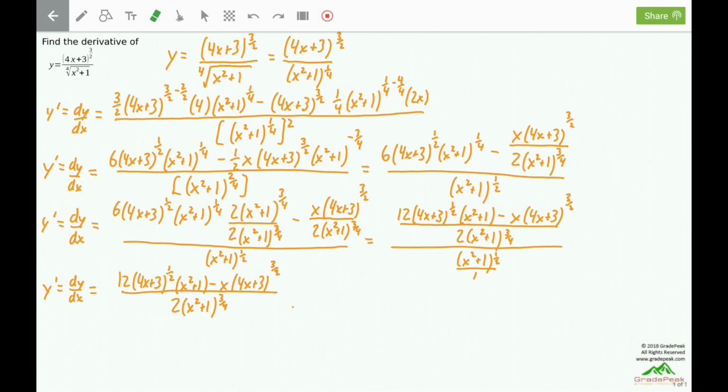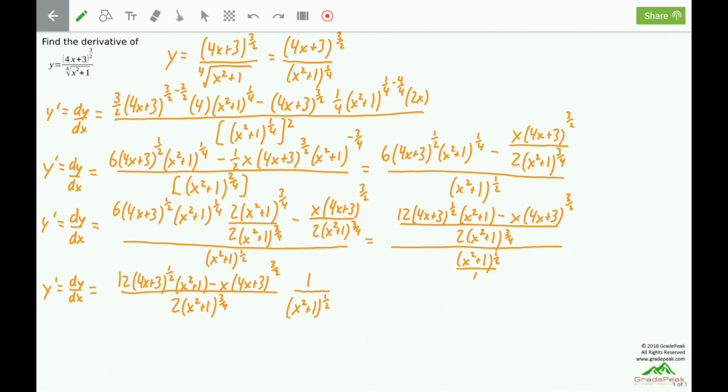And we're going to reciprocate, in which case I will have 1 over x squared plus 1 to the 1/2 power. Reciprocate and multiply.